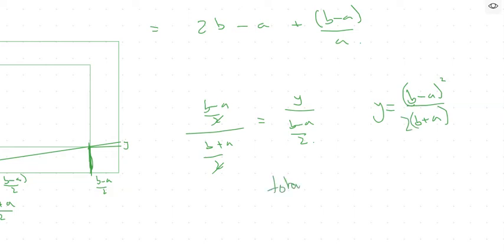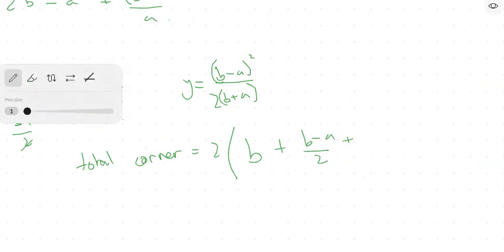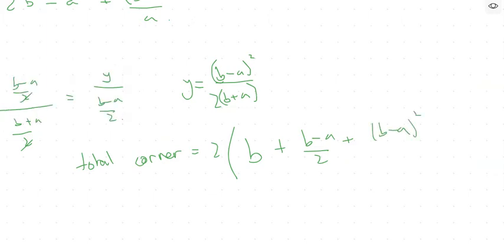So the total corner is equal to 2 lots of the whole side, which is B, (B minus A) over 2, and then this thing here, so that's (B minus A) all squared over (2B plus A).